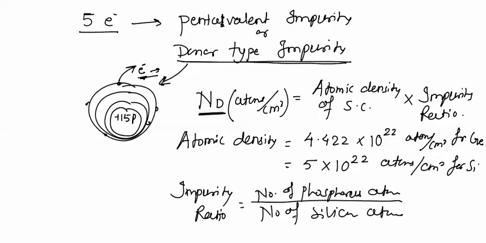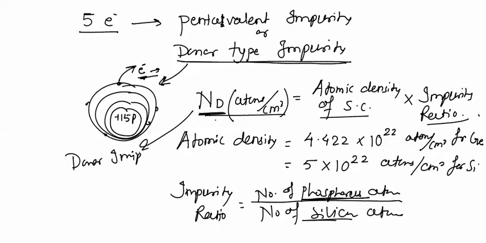If we know how many phosphorus atoms are added to the silicon atoms, we can get this impurity ratio, and by putting this impurity ratio we can get the donor impurity concentration.